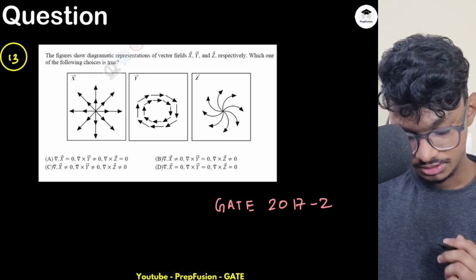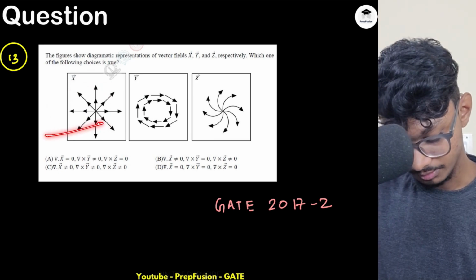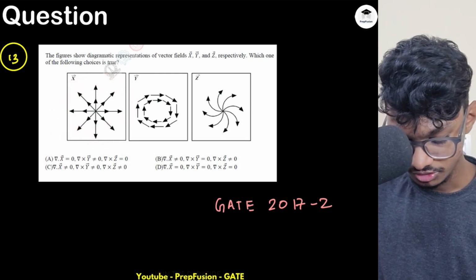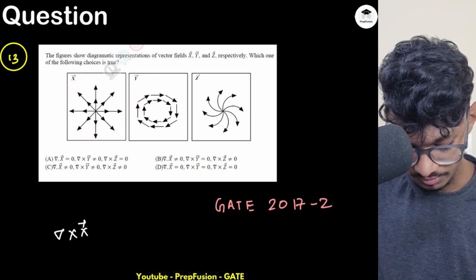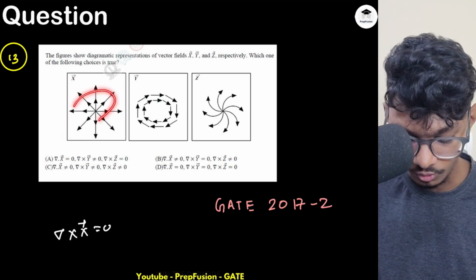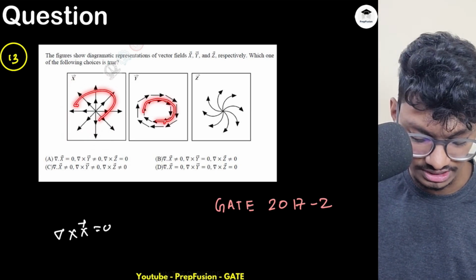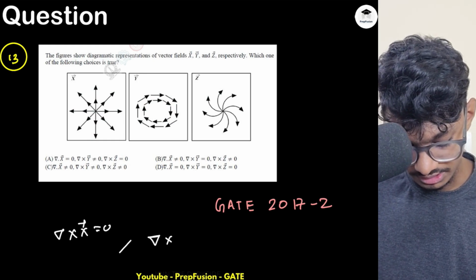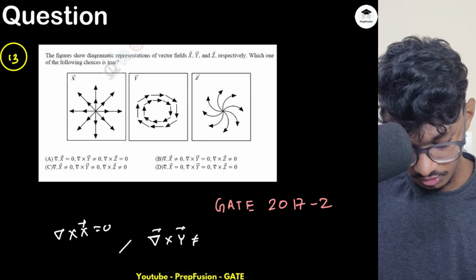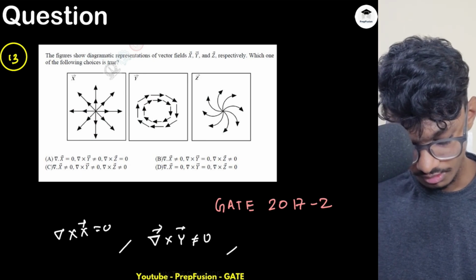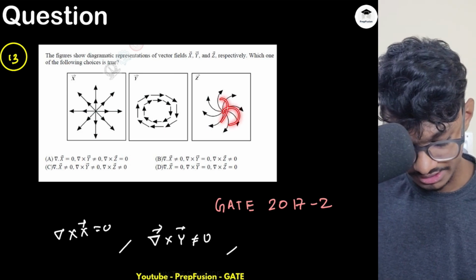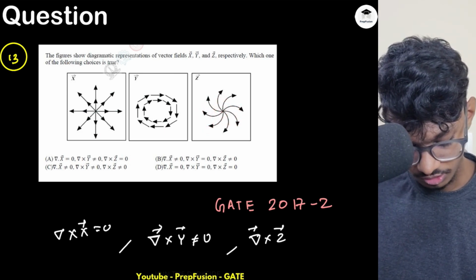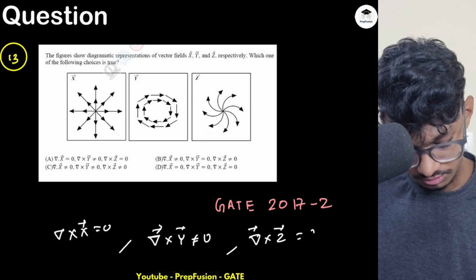What I can comment is that del cross x will be 0, because there is no rotation, it doesn't have any rotational nature. Observe that y has some rotational nature, so I can definitely say that del cross y will not be equal to 0, and z also has some rotational effect, so del cross z will also not be equal to 0.